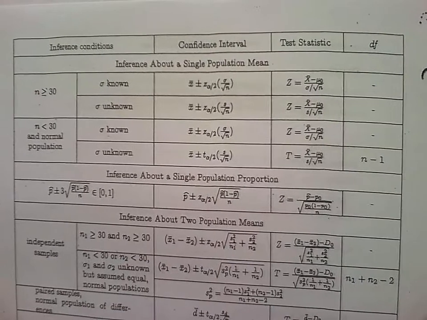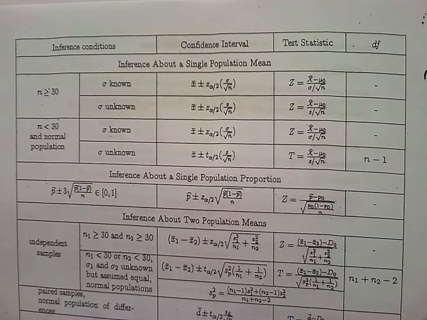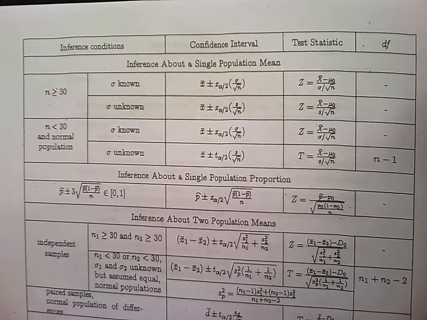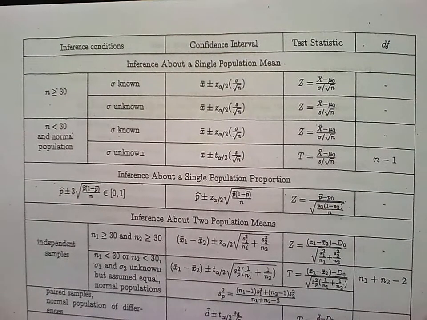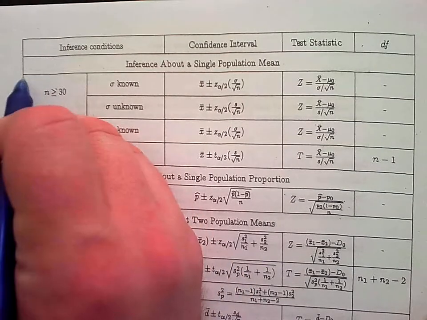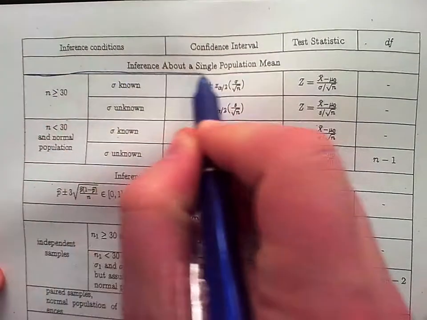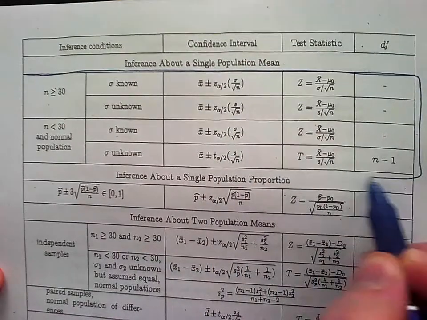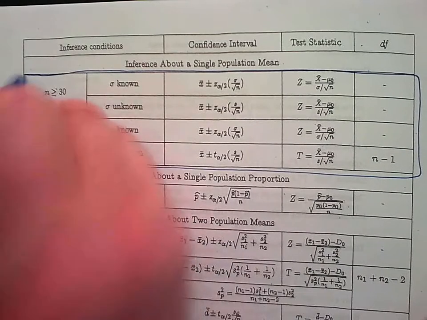Yep. So if you flip over to the back page now, it seems a lot more cluttered than the front page was. But if you take a close look at some of the stuff, like this top box right here, this should look really, really familiar to you.